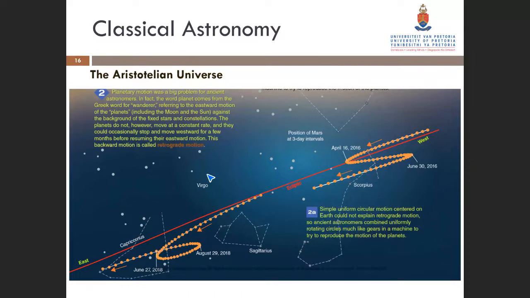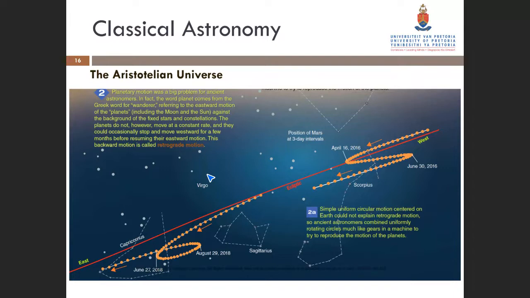So planetary motion was a big problem for ancient astronomers. In fact, the word planet comes from the Greek word for wanderer, referring to the eastward motion of the planets, including the moon and the sun, against the background of the fixed stars and constellations. The planets do not, however, move at a constant rate, and they could occasionally stop and move westward for a few months before resuming their eastward motion.